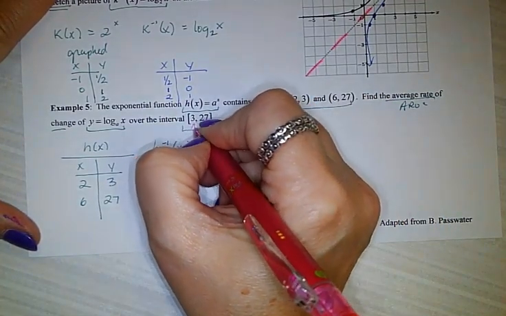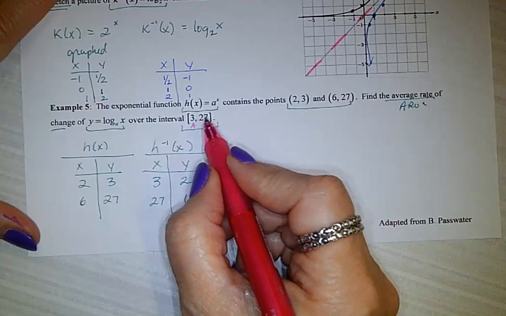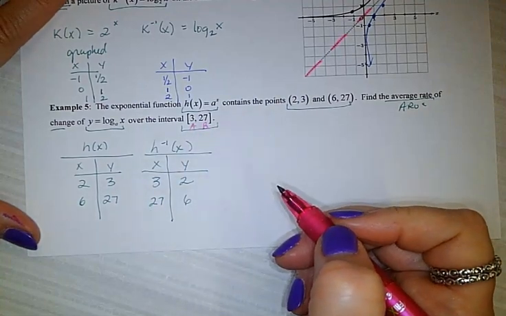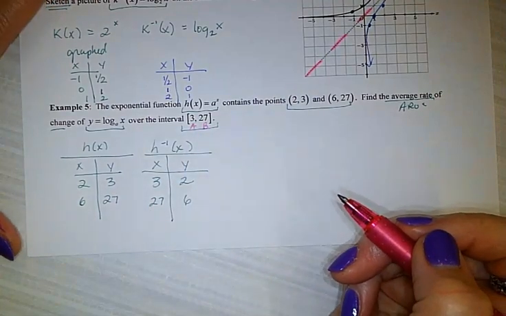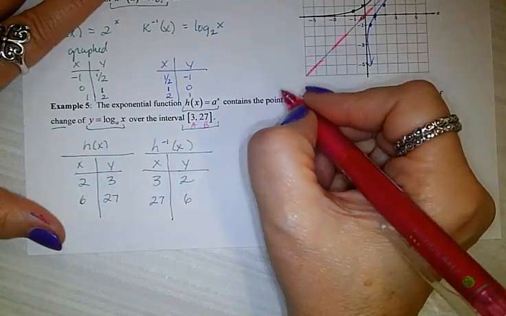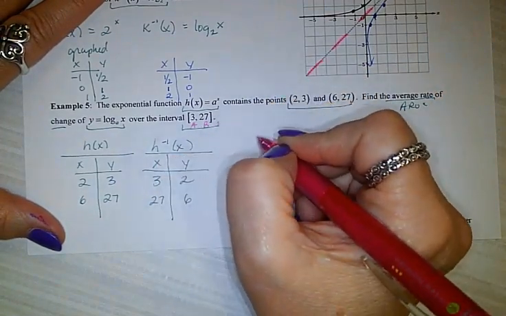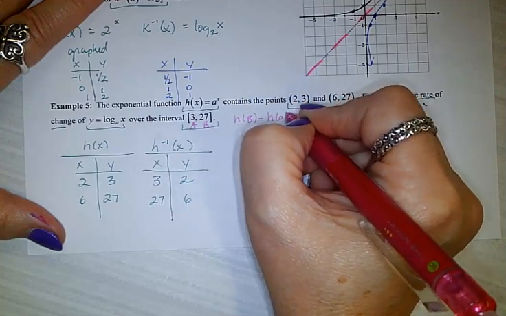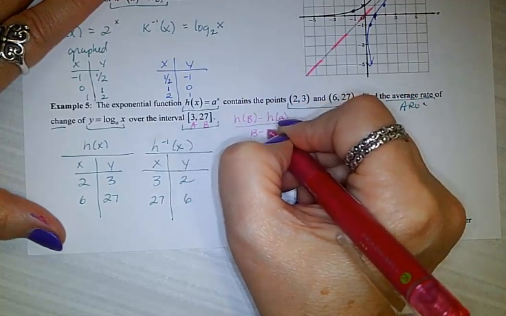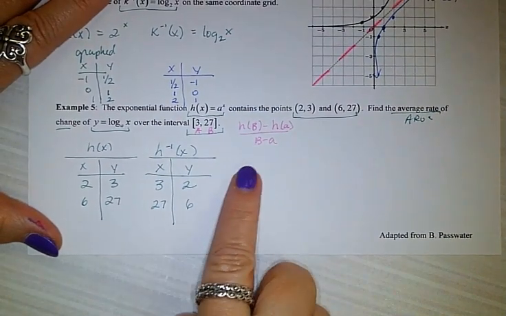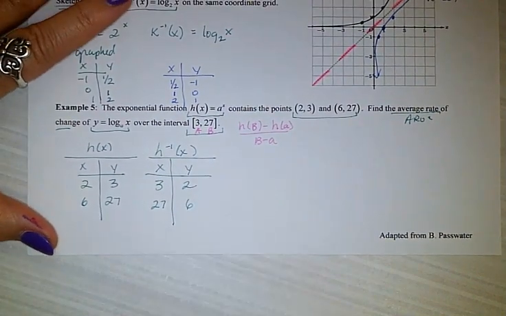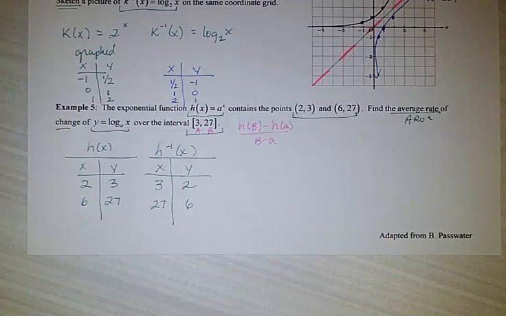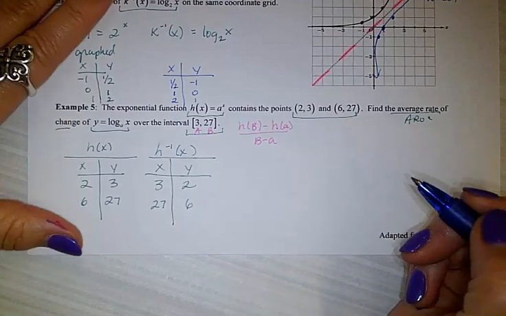And then we go to A. So it's f of B minus f of A over B minus A. In this case, we are talking h. So we're going to say h of B, just for our notes, minus h of A all over B minus A. So just so you can tie that back to the formula that we've been using throughout the year. So I'm going to plug it in now.